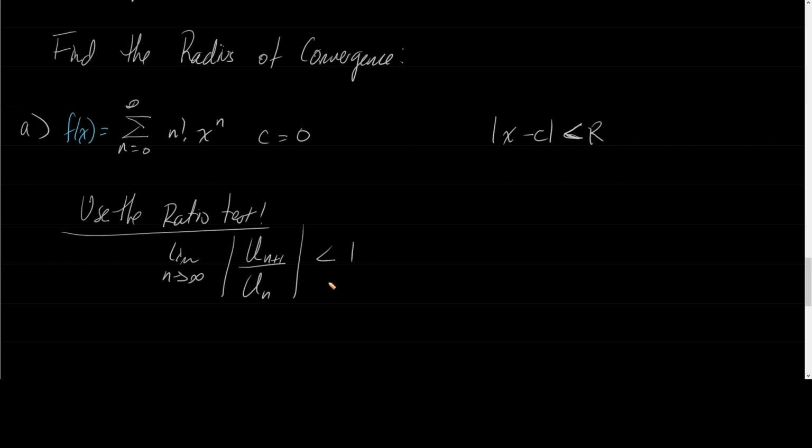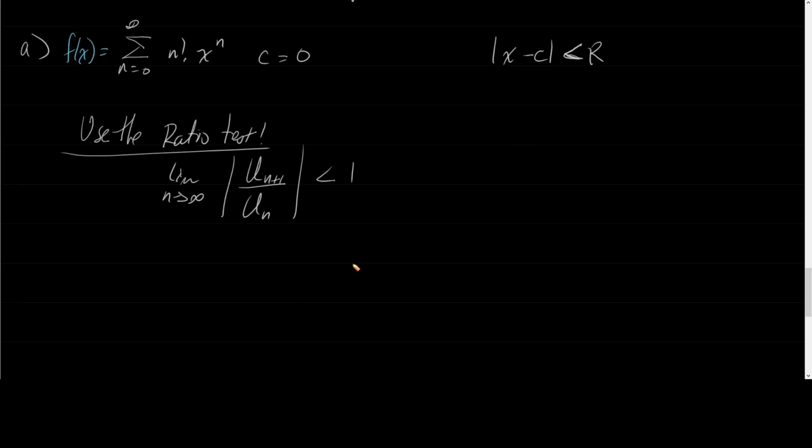If it's less than 1, it converged. If greater than 1, it diverged. If equal to 1, the ratio test was useless. We're going to apply the ratio test so that we can set it to be less than 1 and force it to converge.